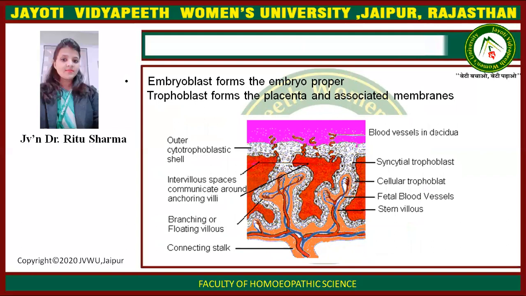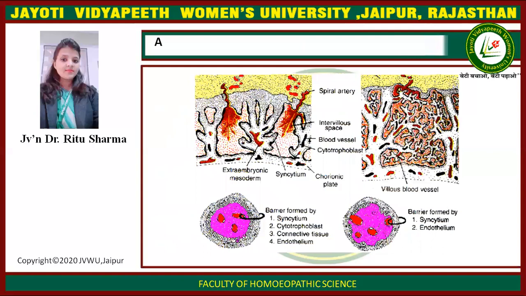Embryoblast forms the embryo proper and trophoblast forms the placenta and associated membranes. The various parts that form the placenta: first is syncytium cell, second is cytotrophoblast, third is connective tissue, and fourth is endometrium.